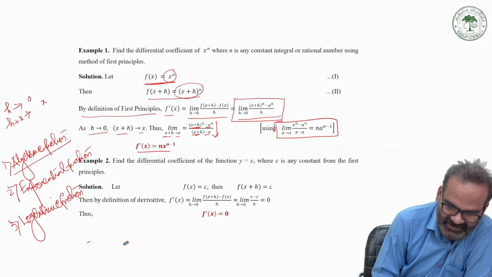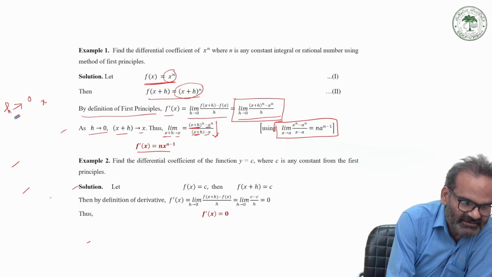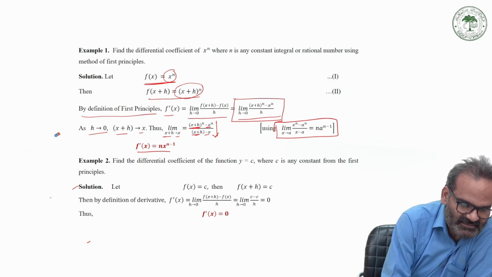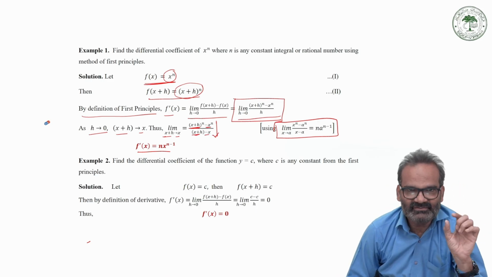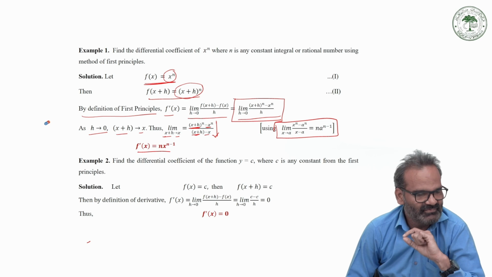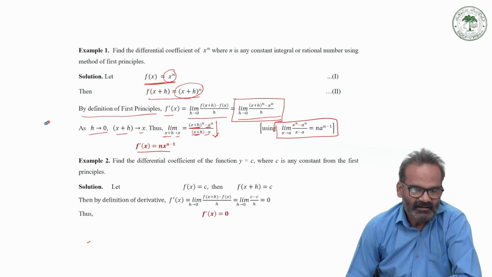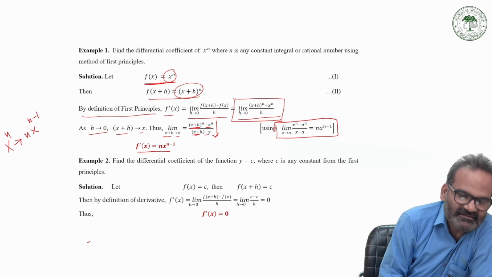Now look at the application of this single formula which we have calculated by using the method of first principle. I have told you we are calculating the derivatives of algebraic functions now, because x^n is an algebraic function. So for the algebraic function x^n, its derivative is what? n x^(n minus 1). What happens here?